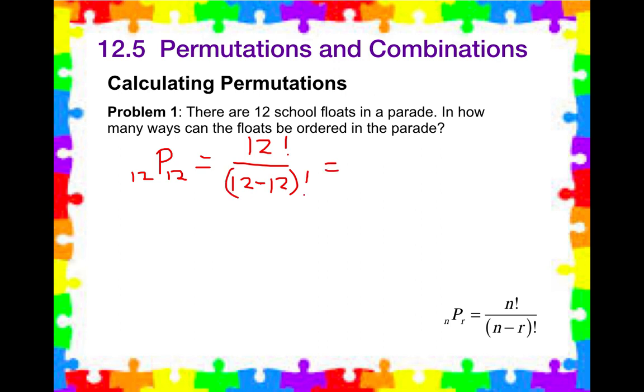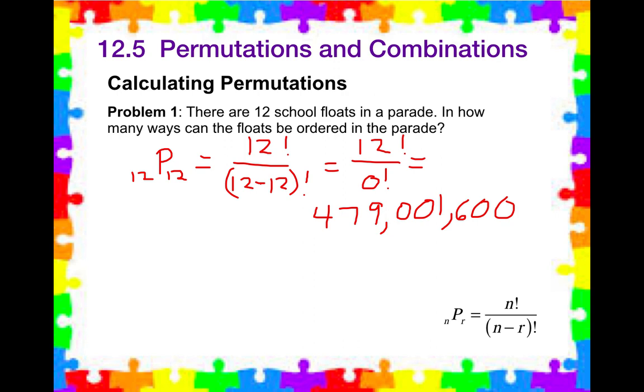And that's the same thing as 12 factorial over 0 factorial, or 1, and that comes out to be the number 479,001,600. So there are 479,001,600 different ways that you could order the floats.